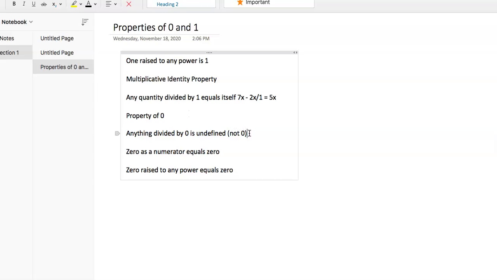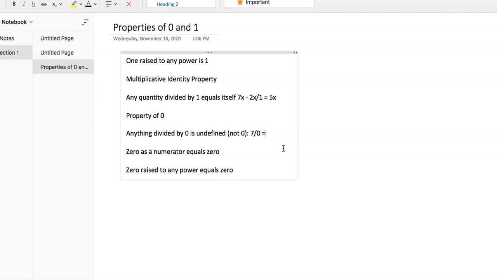All right, on this one, people can get more confused. Okay, anything that's divided by 0. So you have 0 in the denominator, right? If you have something like 7 divided by 0, what does that equal? Usually where people get confused is, is it 0 or is it undefined?